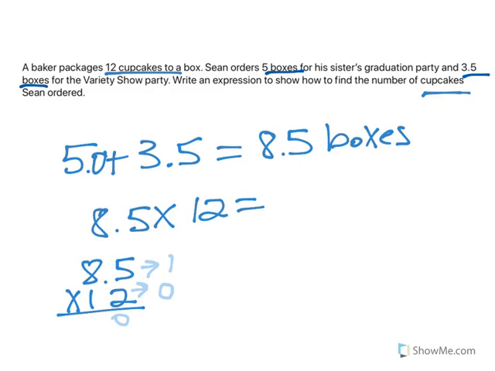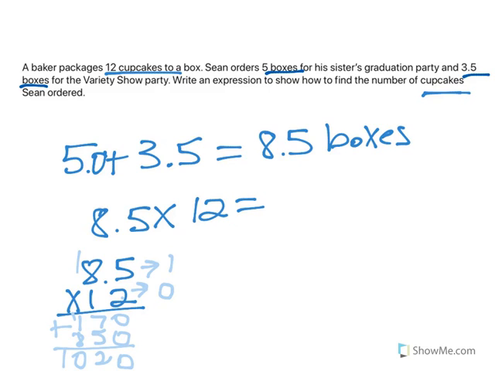2 times 5 is 10. 2 times 8 is 16, plus 1 is 17. Then I add my 0 for my placeholder. 1 times 5 is 5, and 1 times 8 is 8. So let's go ahead and add these up. 0 plus 0 is 0, 7 plus 5 is 12, 8 plus 2, 8 plus 1 is 9, plus 1 is 10.